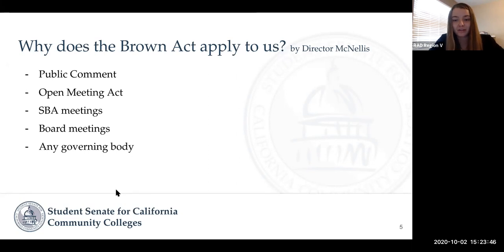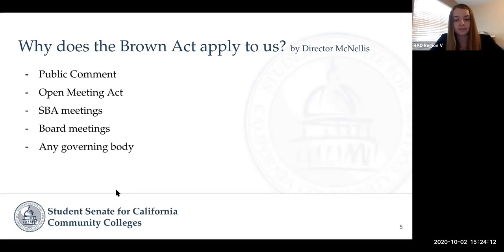And so what that means is all of those secret meetings that the president is having should not be allowed. All meetings should be available to the public, posted on the website, and there should be public comment for those meetings. I know my college specifically, we have executive meetings quite often, and the same thing applies for those meetings.